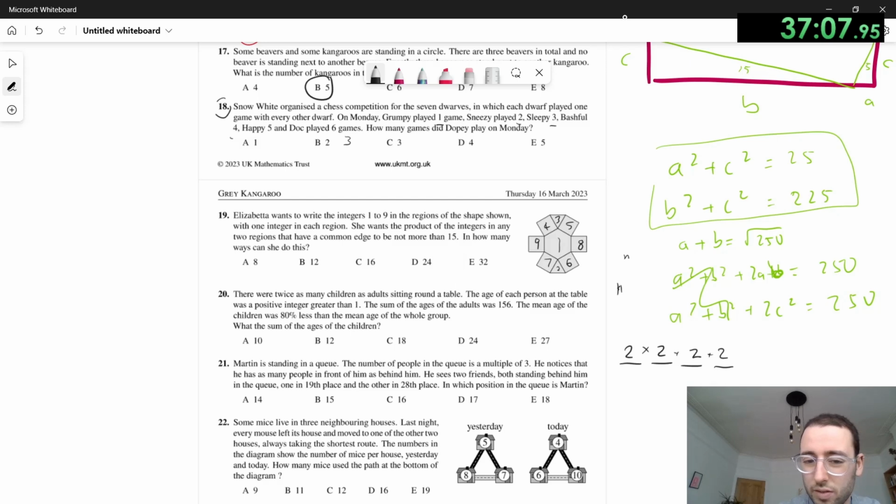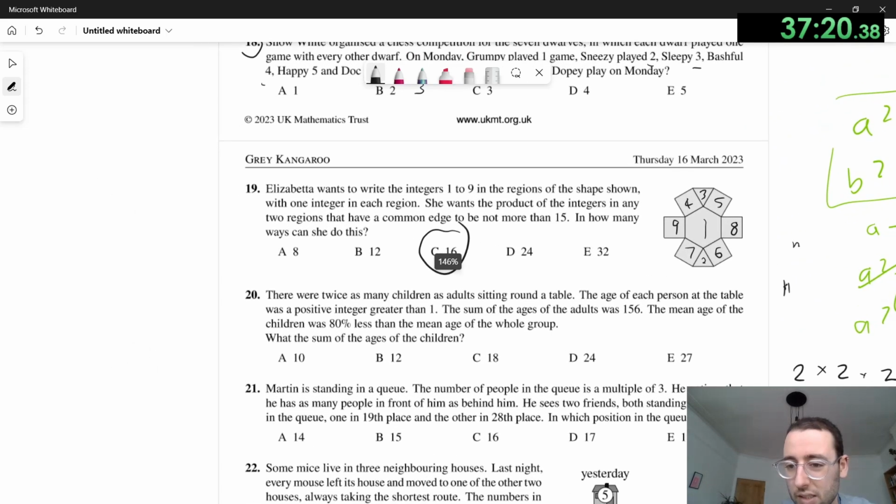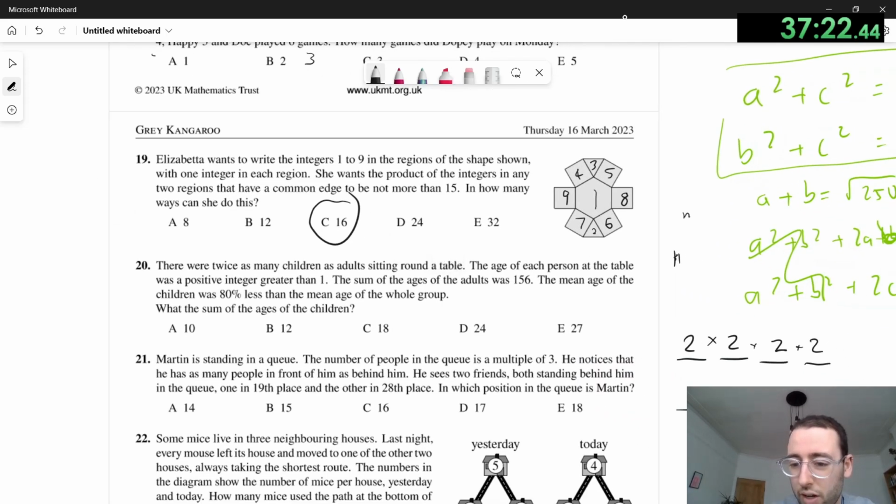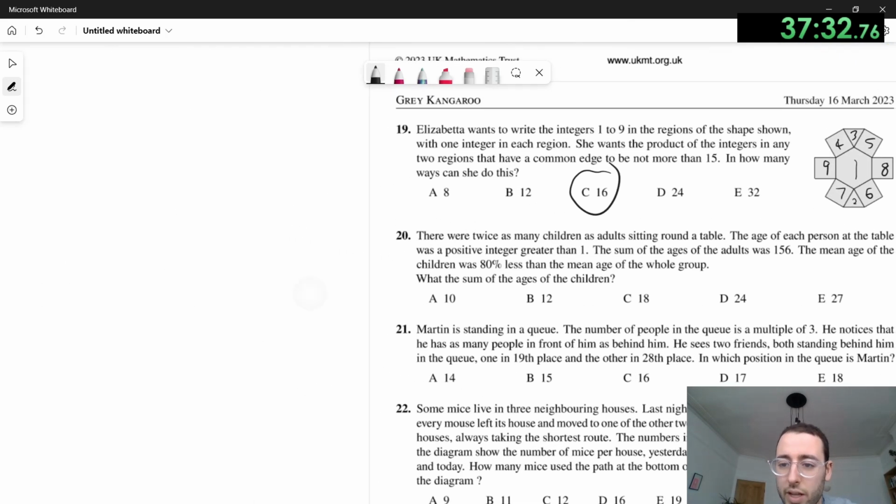That's 32, right? Oh no, it's 16. Any other swaps? I don't think so. It could be 32 as well. 2 options for 8 or 9, 2 options for 4 and 5, 2 options for 7 or 6, and then 2 options for which way round the 4, 5, 3 and the 7, 2, 6. I think that's 16. That is also a cool question.